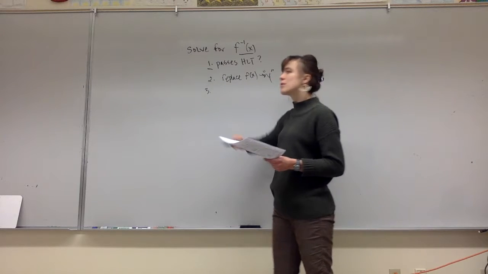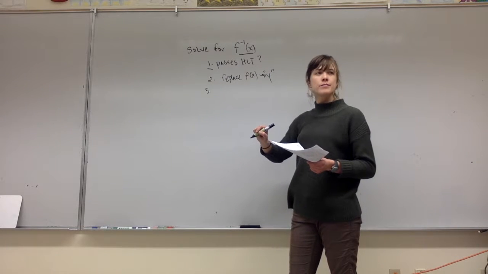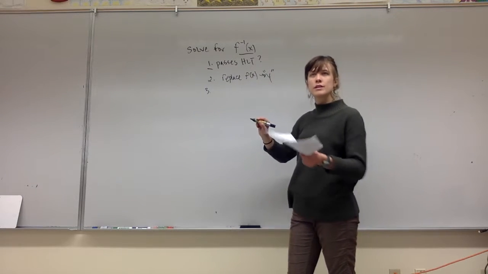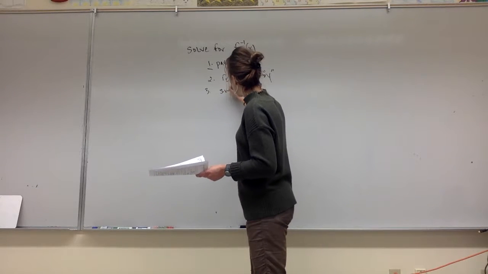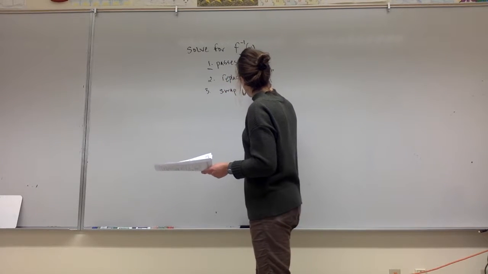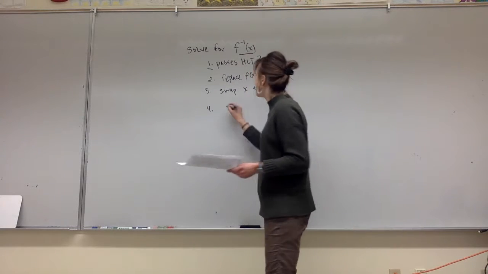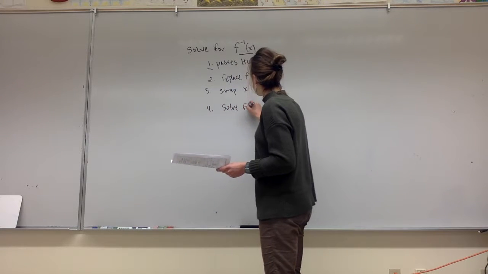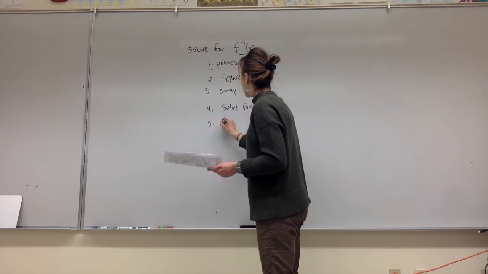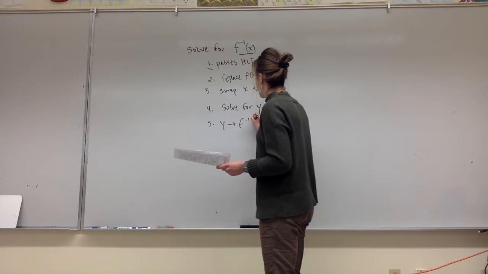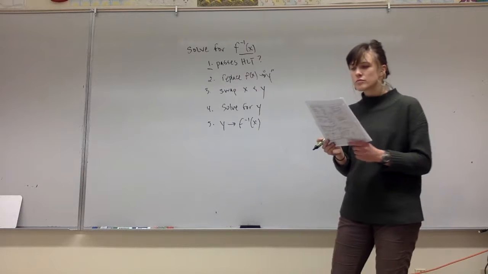What's my third step? Interchange x and y. Yep, swap x and y. What's my fourth step? Solve for y. Right. And then I swap out y for my inverse function notation.